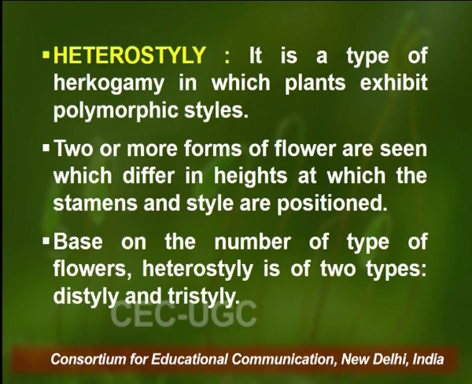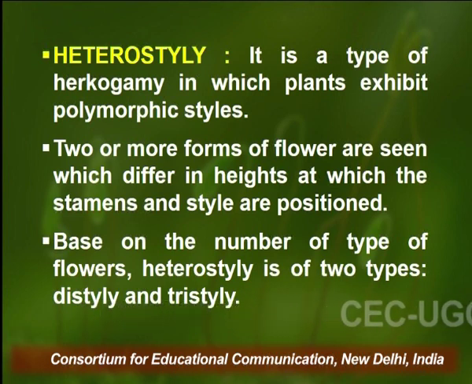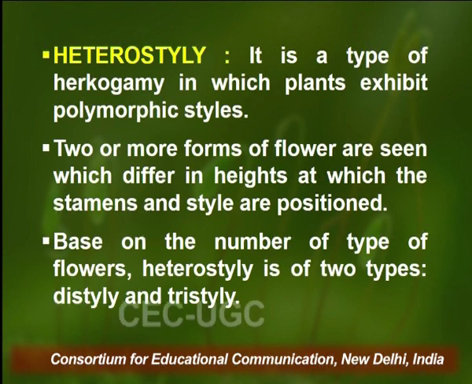Yet another phenomenon which favors cross pollination is heterostyly. Now, this is a type of hercogamy in which plants exhibit polymorphic styles. Polymorphic styles means there can be more than one type of style present in a flower.